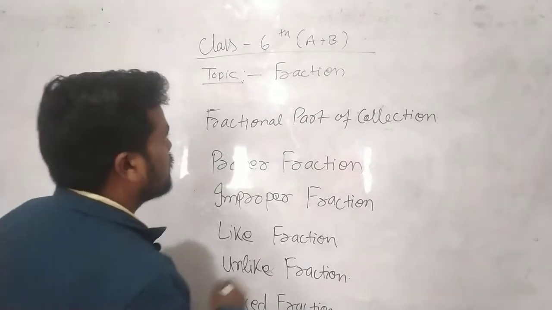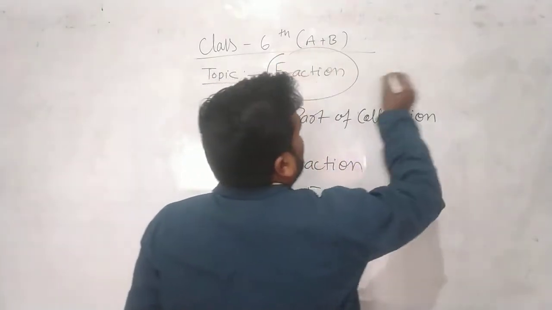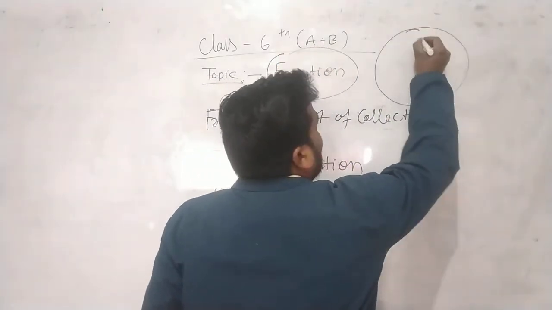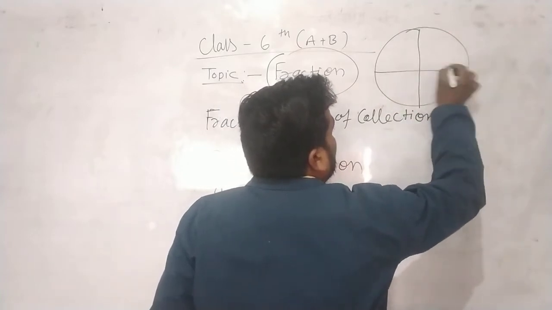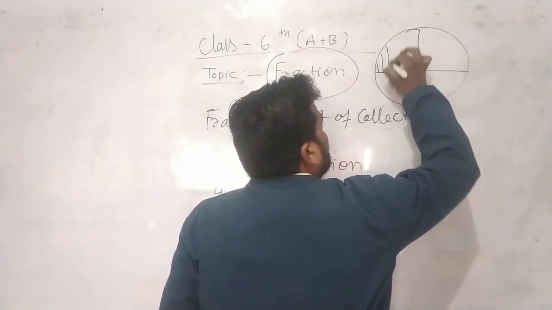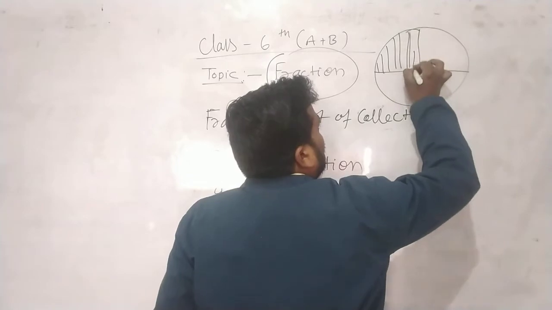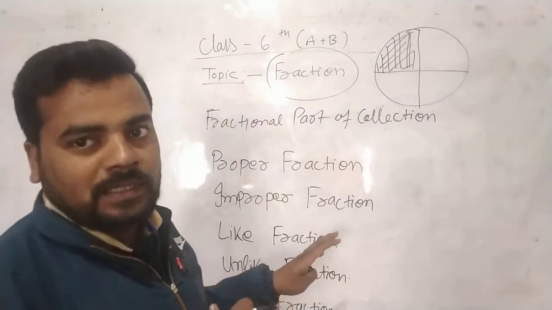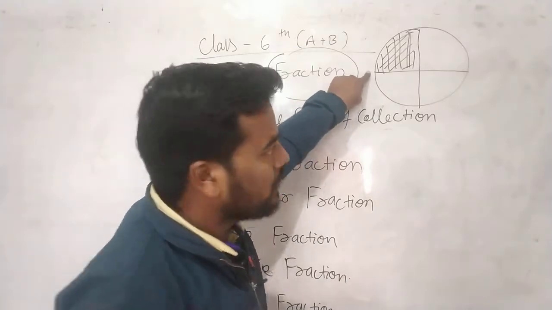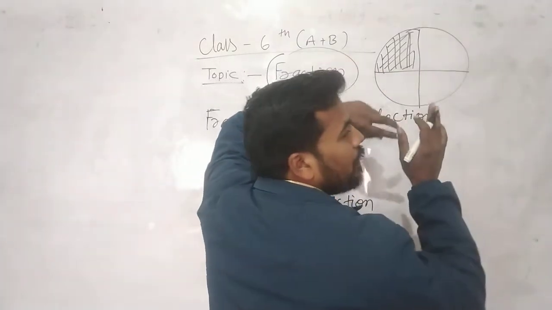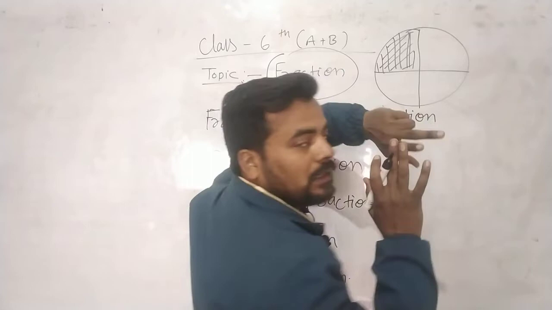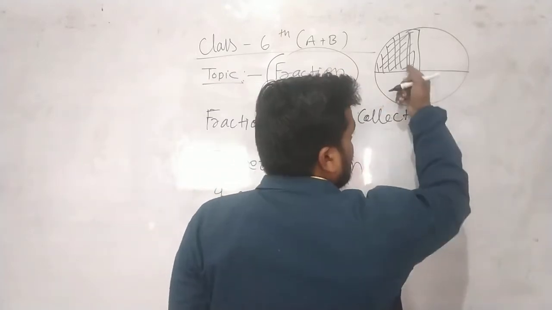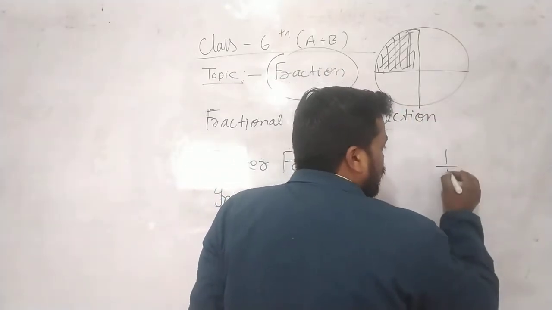So fraction, you know that suppose that you have a circle and divide this circle into 4 parts and one part you want to take. Suppose that this is a pizza, the shape of pizza, and one slice you want to take. If you take one part of the pizza and pizza is divided in 4 parts, this one part shows 1/4.